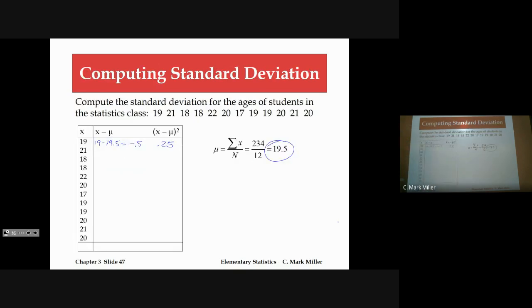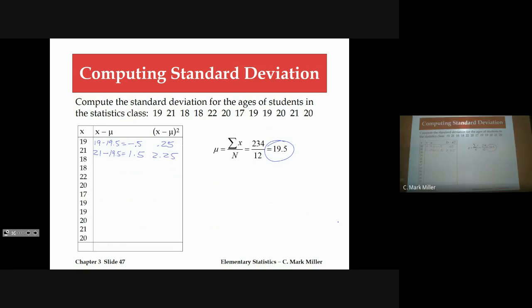Here's the x minus mu, minus 0.5, squared, gives you 0.25. 21 minus 19.5 is 1.5, squared is 2.25.